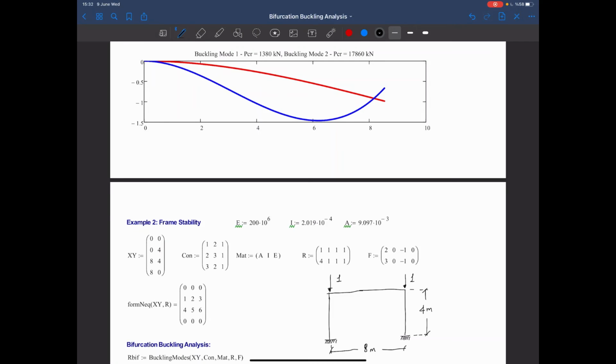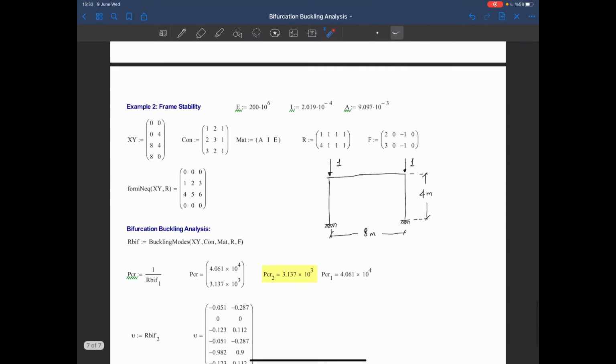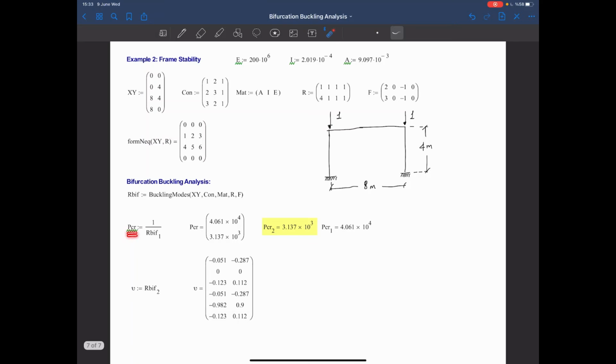Okay, so what I'm expecting to see is the bifurcation buckling analysis will give me a single lambda value. It means that if you multiply this lambda with these values, you will get the buckling load, the load that causes buckling of the whole structure. So when we do that, this is the P critical, and I obtain two P critical values, and the smallest one is this 3130.